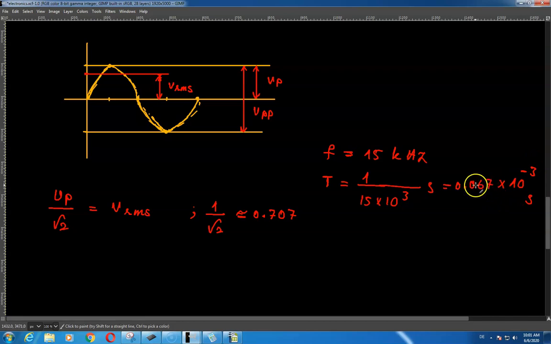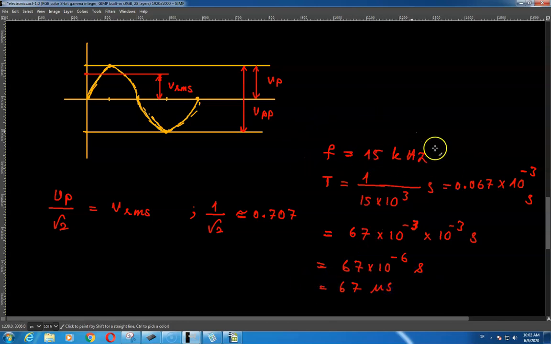So I essentially have to multiply this number, which would be 67 into 10 raised to the power negative 6 seconds, which is the same thing as 67 microseconds, right?